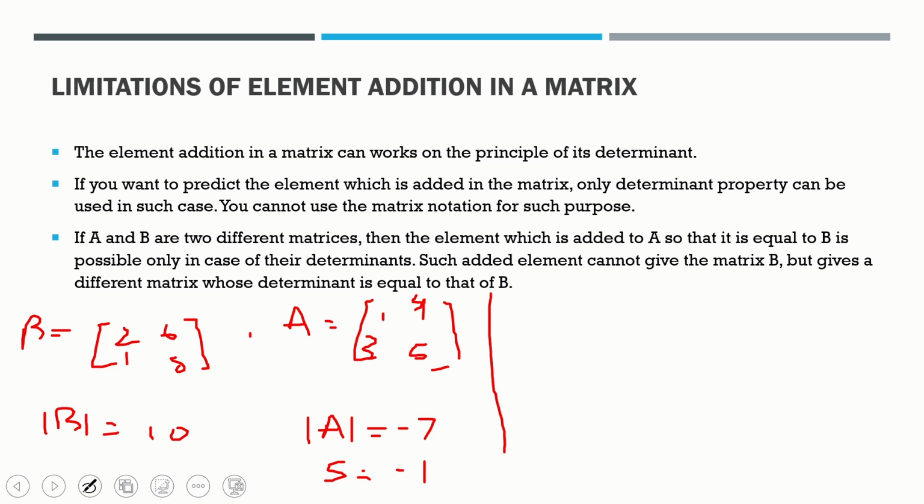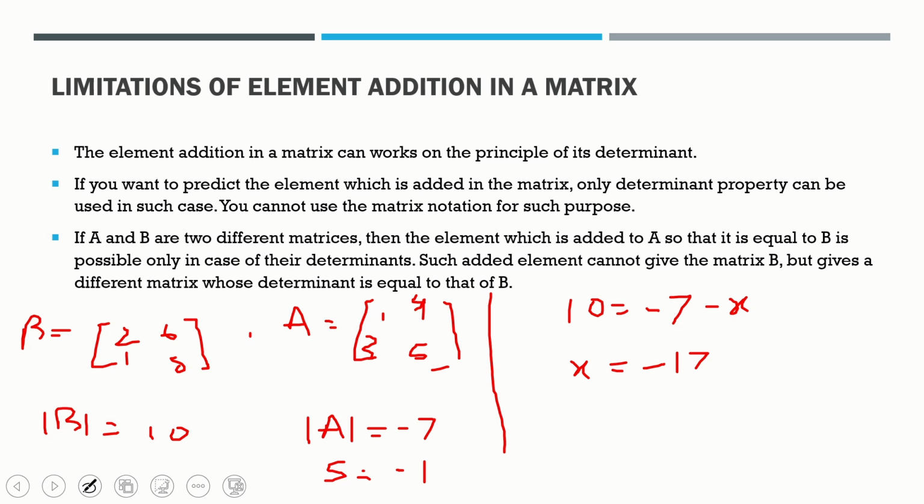So upon using the formula, 10 is equal to minus 7 minus x, because s is minus 1. So your x is equal to minus 17.